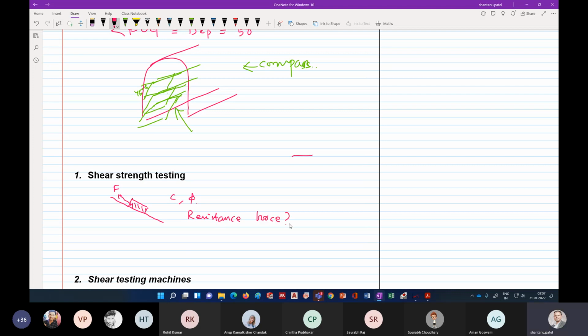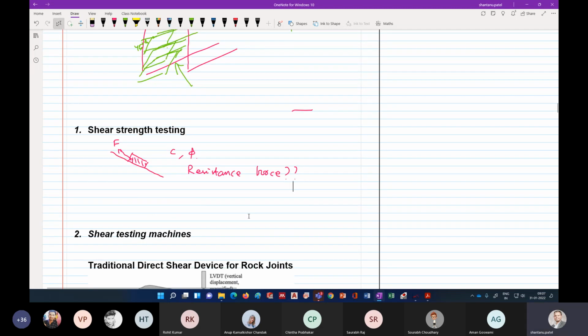That we need to know so that we can design the support system for the wedge that is forming.